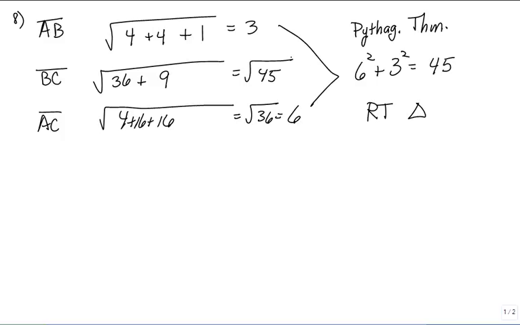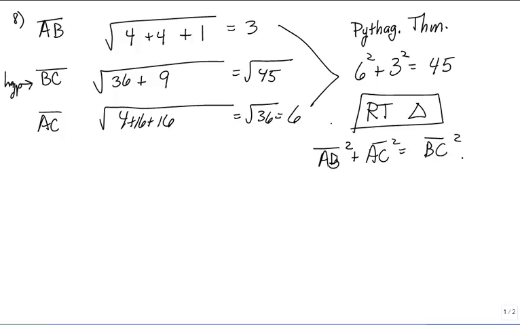So BC is the hypotenuse. So if I take AB squared plus AC squared, I get BC squared. So it's a right triangle. It's not isosceles because none of those are equal. Isosceles means 2 equal sides.